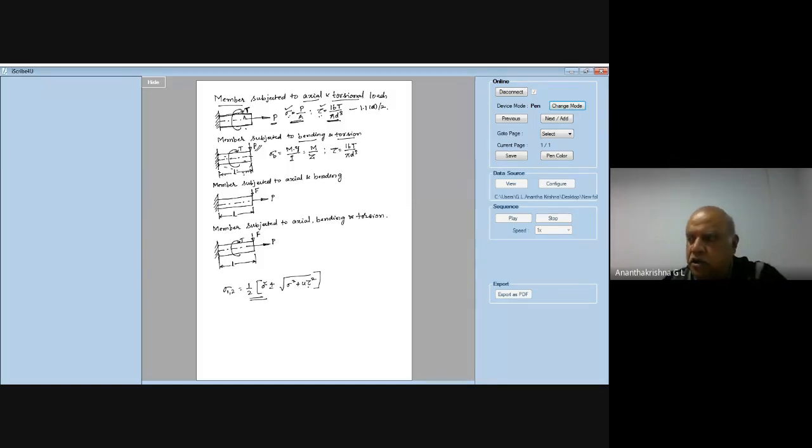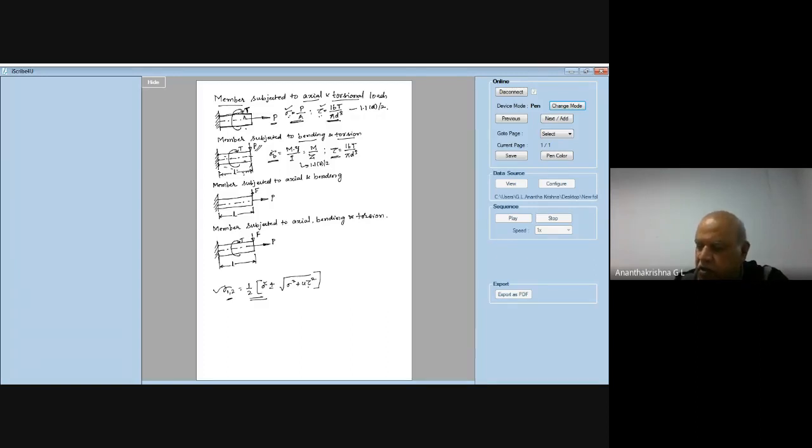This equation is given by 1.1B on page number 2 of your data handbook. After finding out the bending stress and shear stress, substitute these values into the combined loading equation, and get the maximum and minimum principal stresses sigma 1 and sigma 2 when you have the transverse load and torsional moment given at the same time.